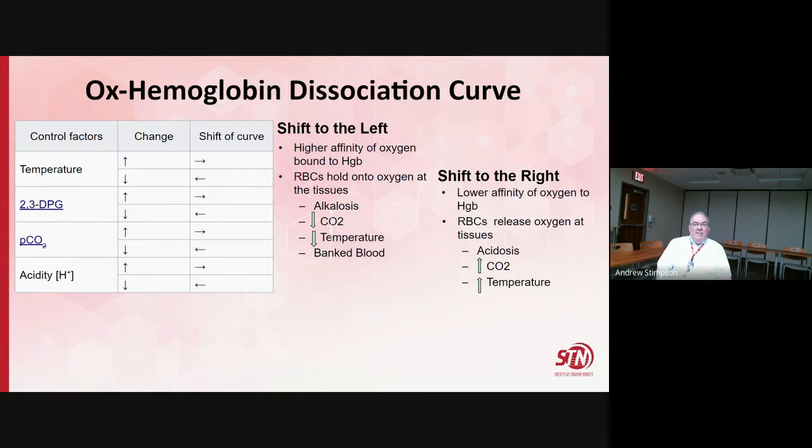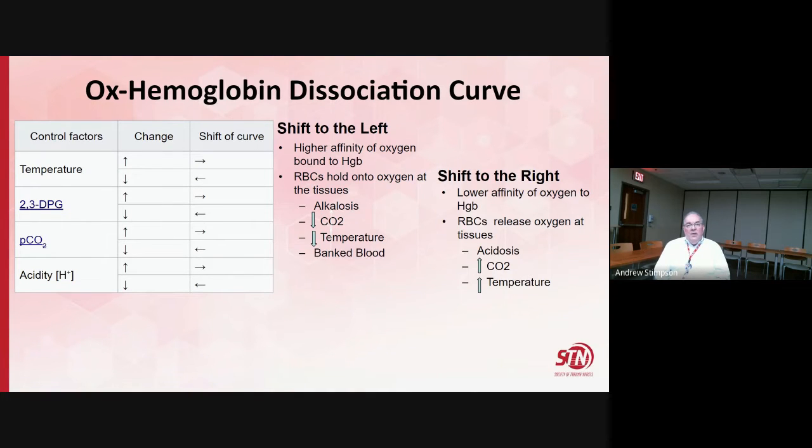Let's look at shifts to the left. So what keeps oxygen from unloading at the tissues where we need it? Well, obviously temperature going down, and that's why, just remember I said cold kills a trauma patient. This is one reason why. The other thing to remember is banked blood. 2,3-DPG is in every molecule of hemoglobin, and that allows the molecule to deform and actually unload oxygen.